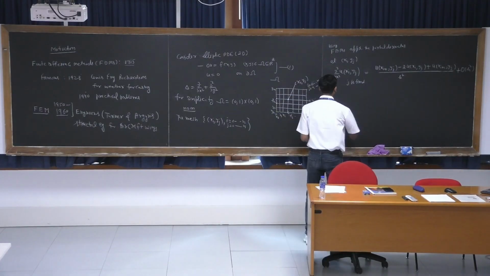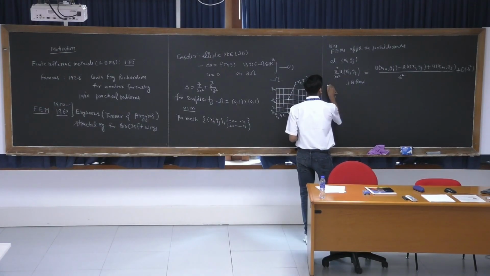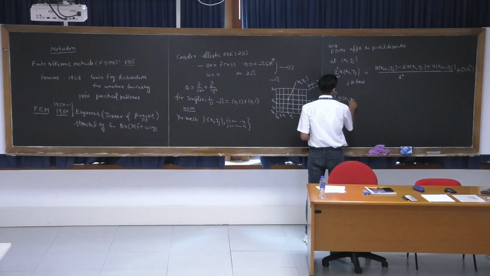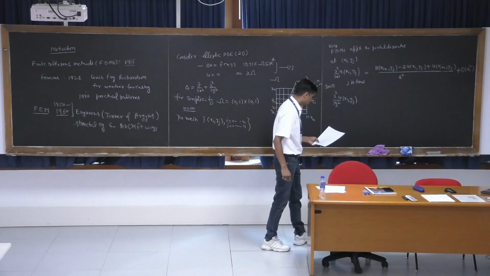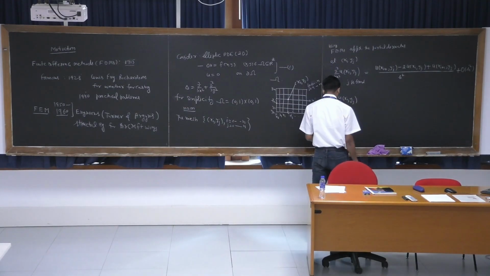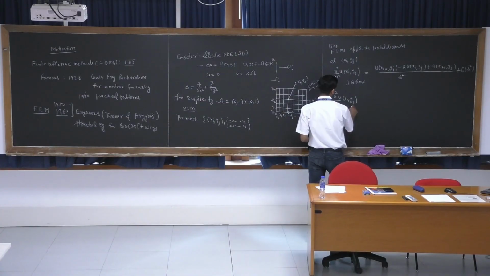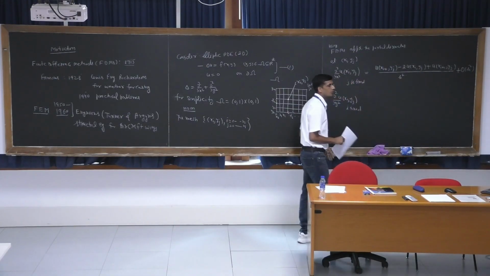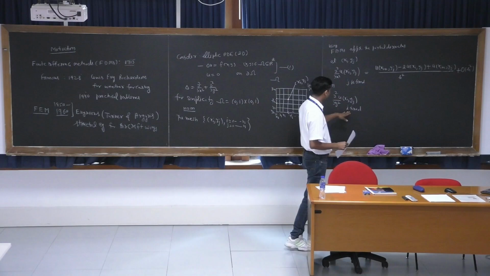Okay, so similarly the second derivative at the point xi, yj, but here i is fixed. Because before, j was fixed, but now i is fixed here.